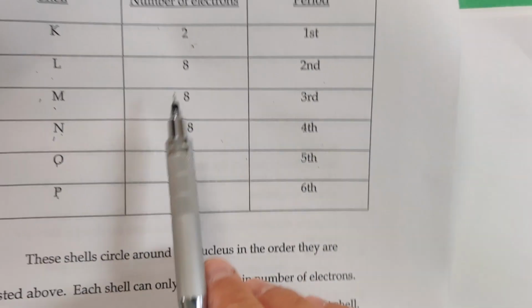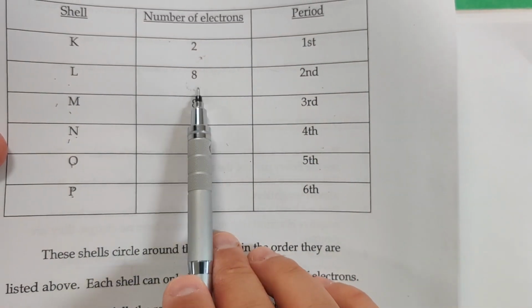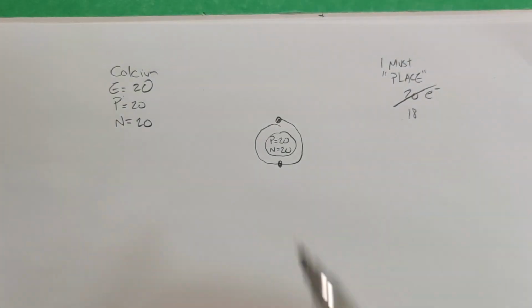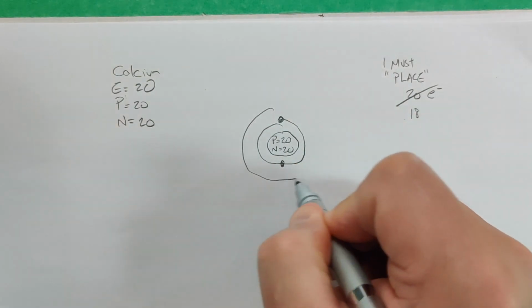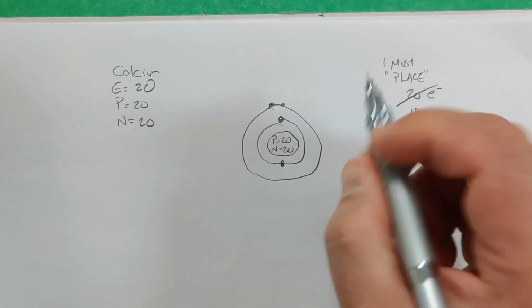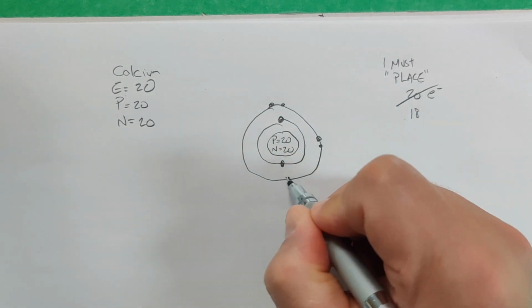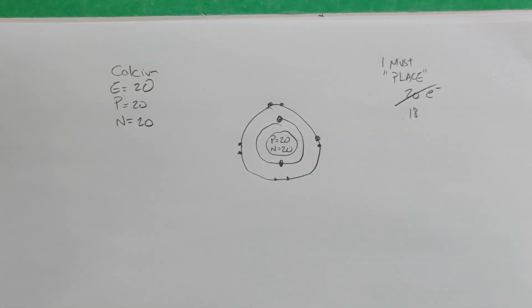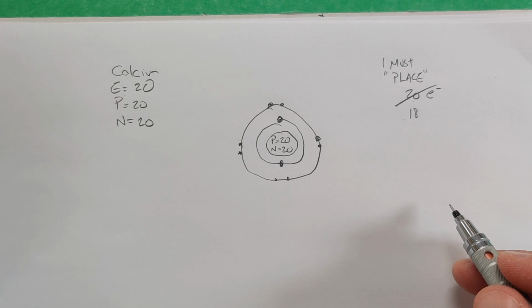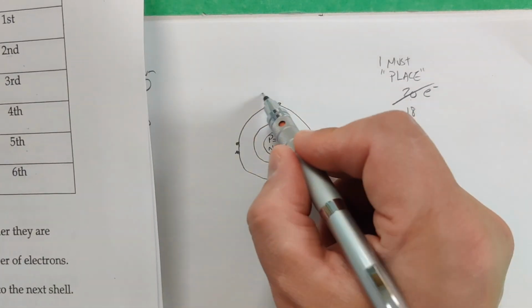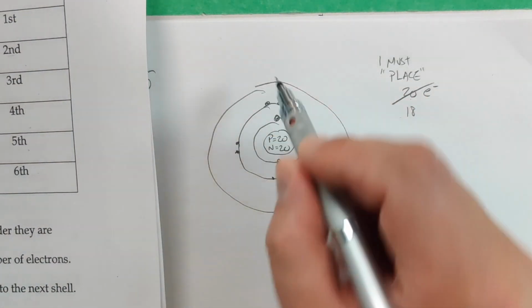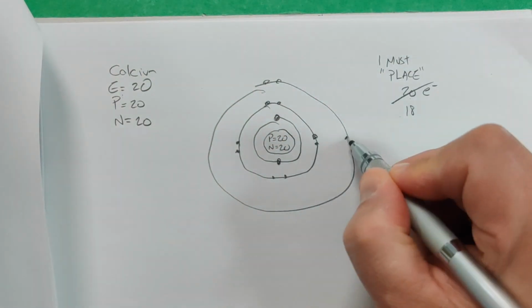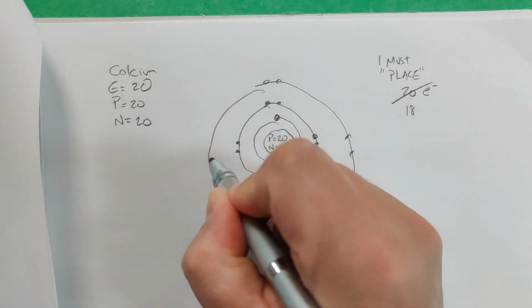How many can the second ring hold? It can hold 8. So I can get rid of 8 more. Okay, I'll do 1, 2, 3, 4, 5, 6, 7, 8. I have placed 8 plus 2, 10, which means if I started with 20, I have 10 more to place. Okay, so I have to do another ring. How many can the third ring hold? 8 more. 1, 2, 3, 4, 5, 6, 7, 8.